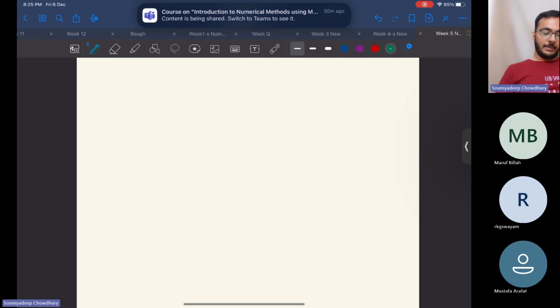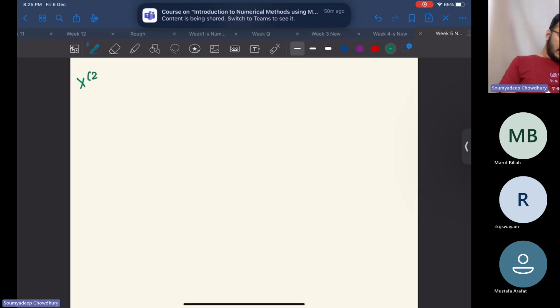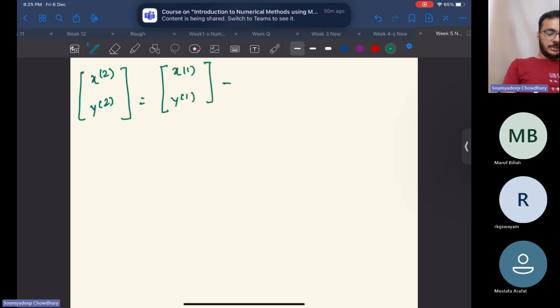Now you have all the matrices. So my x of 2, y of 2 is basically, I'll write it again, x of 1, y of 1 minus J inverse into f of x1, y1 and g of x1, y1, right?